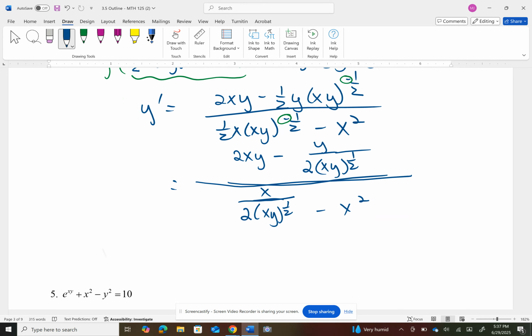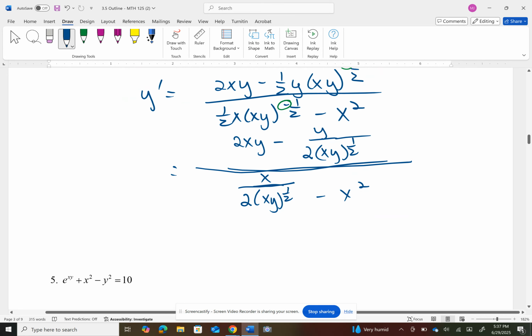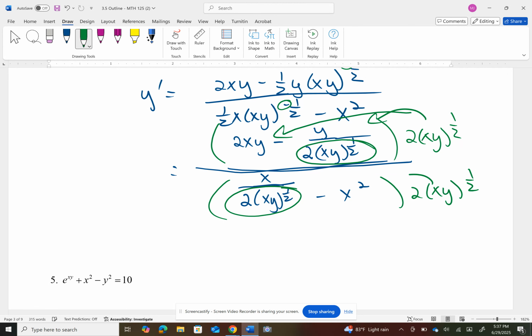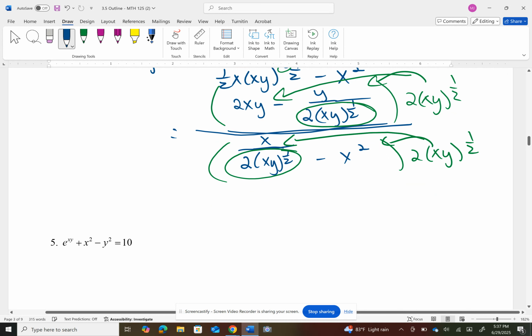Right now, I really have little fractions inside bigger ones, and this winds up being the denominator of both of those. So I'm going to multiply by that on both the numerator and the denominator, and then when I distribute, it's going to knock out those little denominators. Okay?